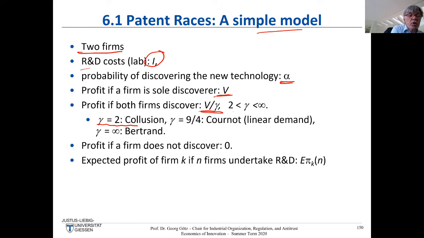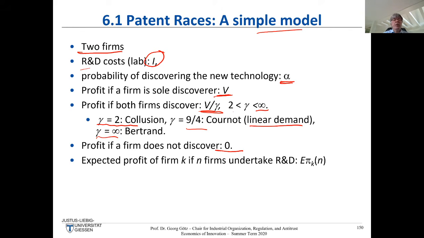If you have Bertrand competition and two firms come up with the same new technology, price will be cutthroat: price equals marginal cost, and therefore your profit will be zero. That's why gamma is infinite, and V over something infinite is zero. Under Cournot, if you assume linear demand, gamma is 9 over 4, so you get 4/9 of V. And if you don't discover anything, of course, you don't get anything.